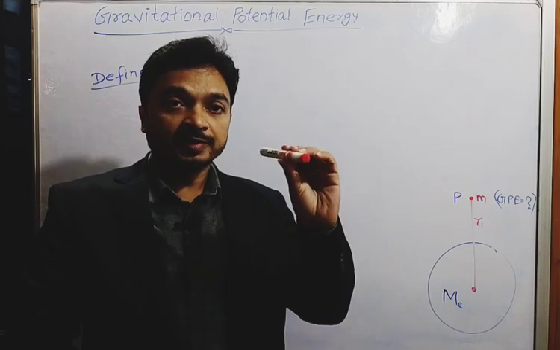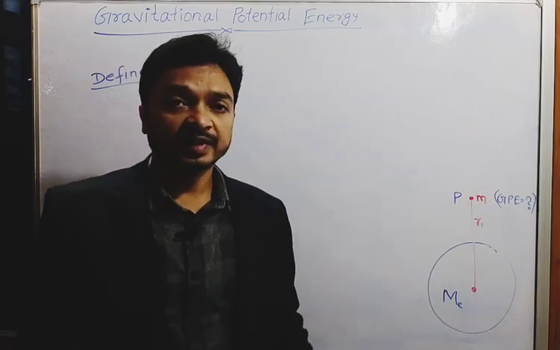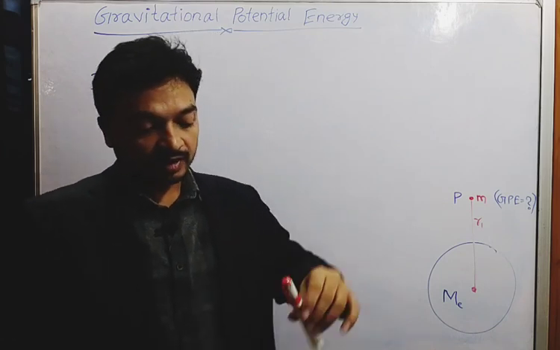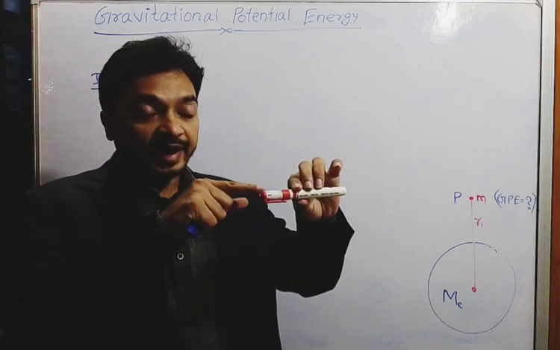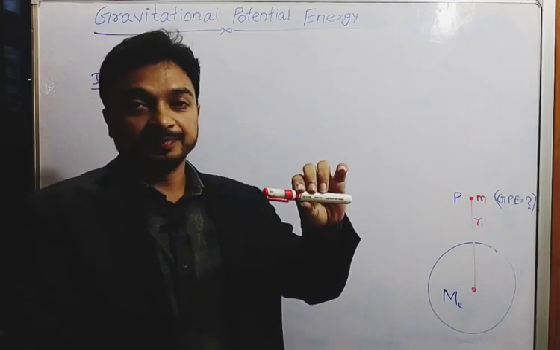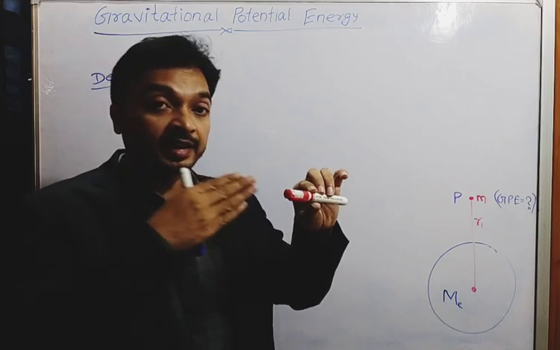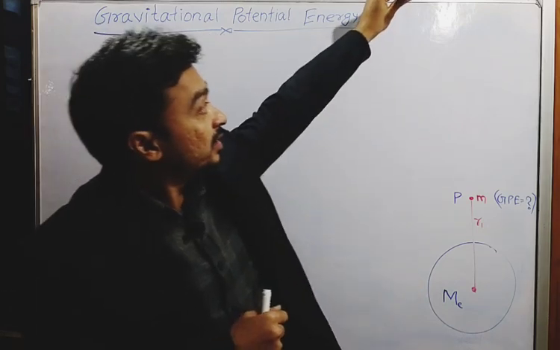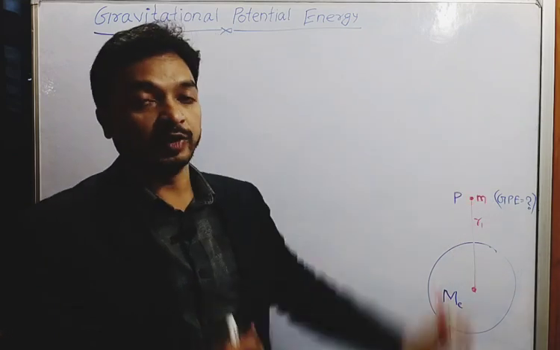Potential energy of any object having mass m is defined as the work done by external agent. Work done on this object by external agent in bringing it from infinity to that point.